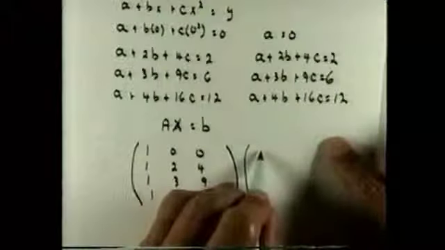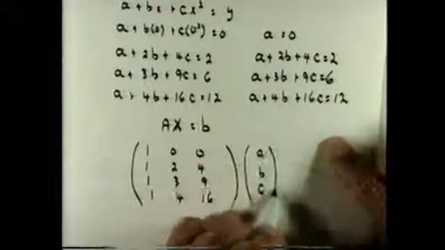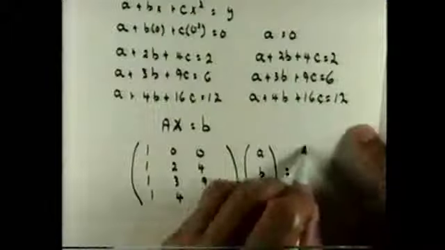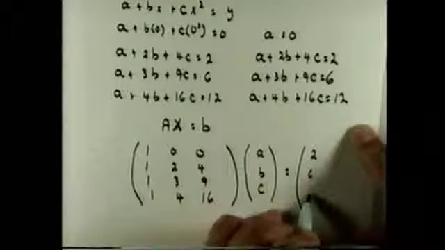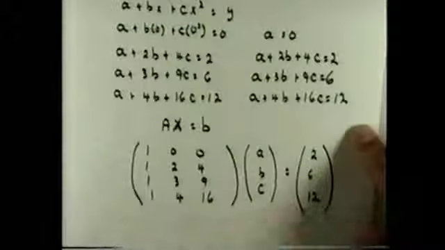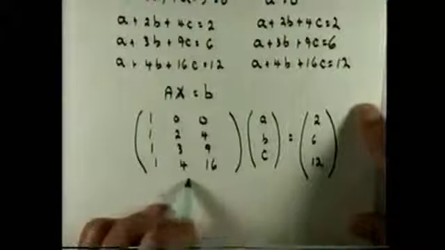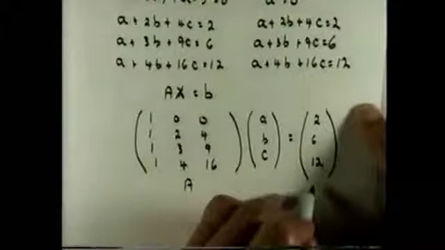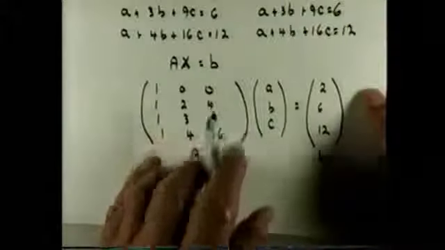And my variables will be a, b, c, and the constants will be 0, 2, 6, 12. So here is the A matrix. Here is the B matrix.